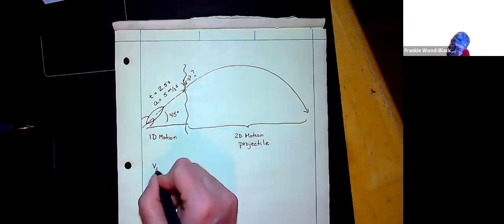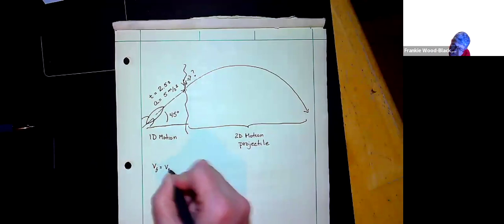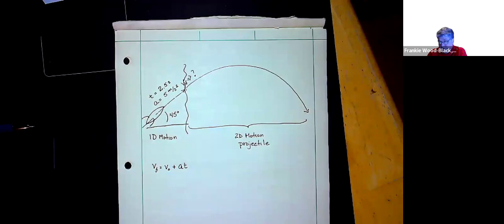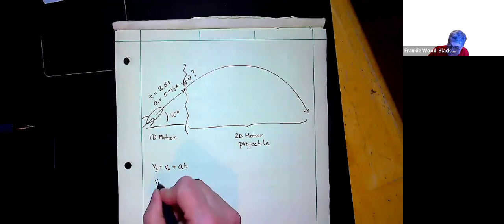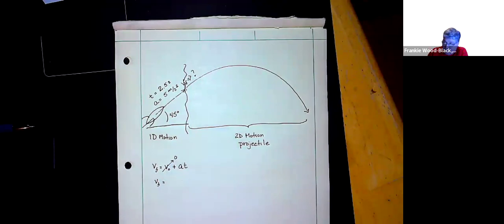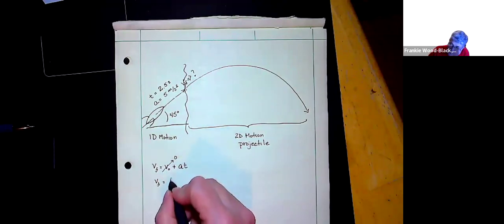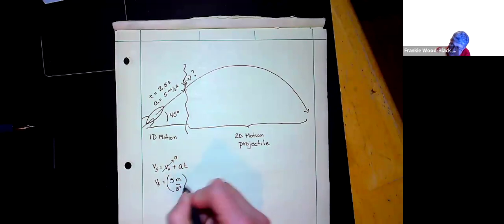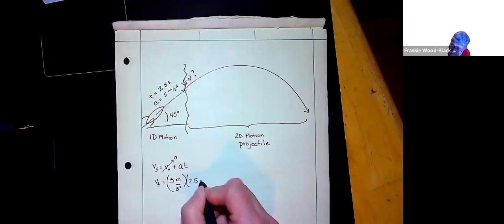We know that velocity final is equal to velocity initial plus my acceleration times time. So my velocity final is going to equal, this was 0 because we started from 0, I was told that we're going 5 meters per second squared, and we're going to do this for 2.5 seconds.